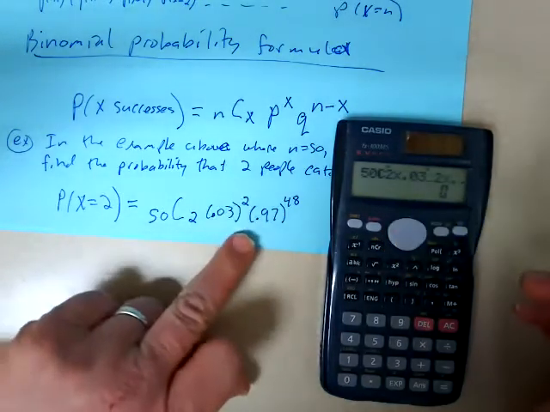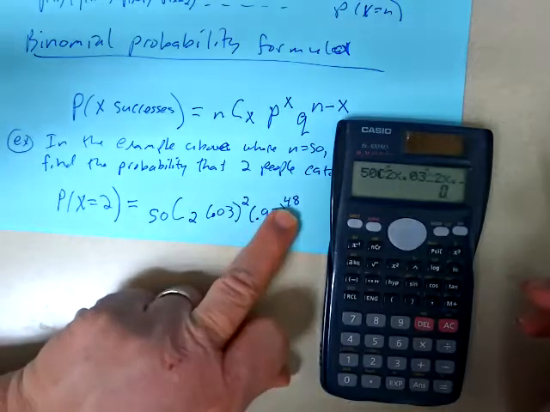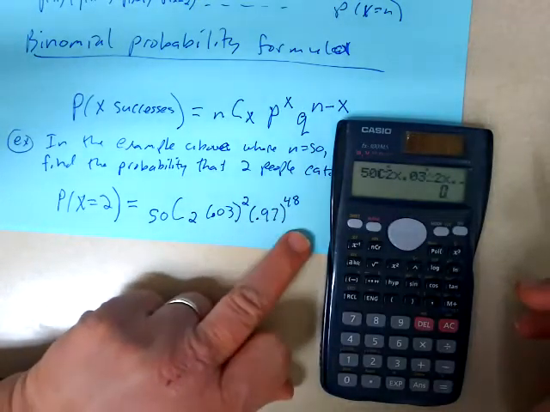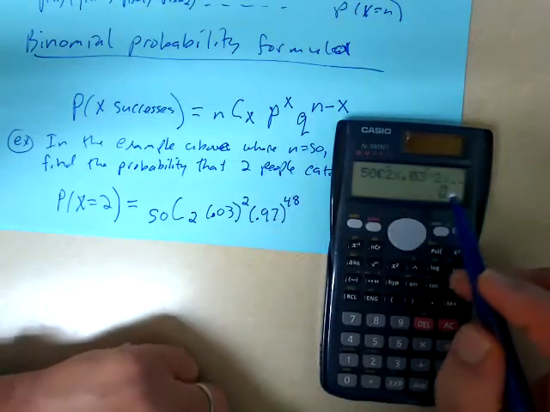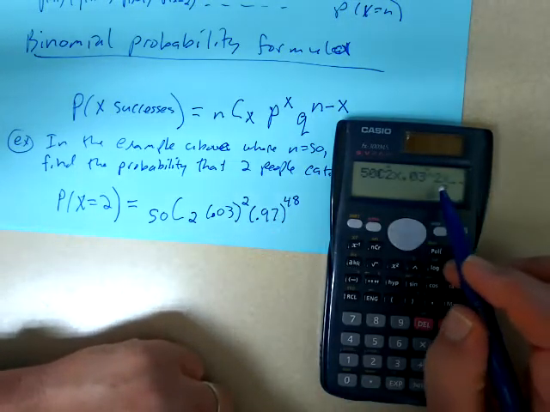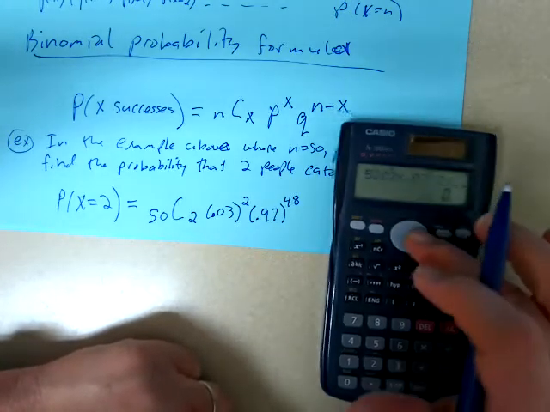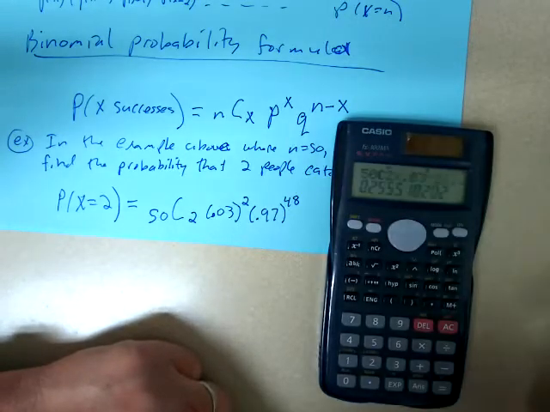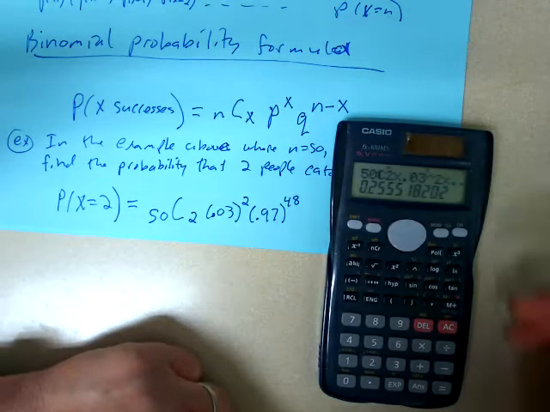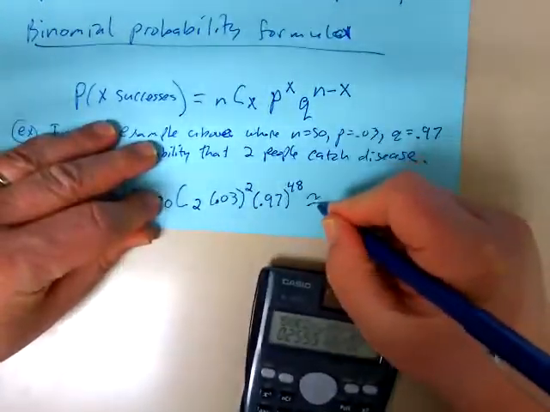I don't need any parentheses, even though I have them here so that you know those are exponents and not further digits. The order of operations is going to work, so it'll do the exponents and then the combination, then multiply it all together, and hit equals, and there it is, 0.2555 if I round to 4 decimal places.